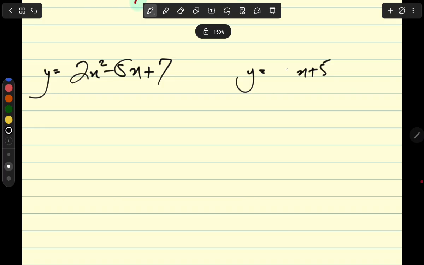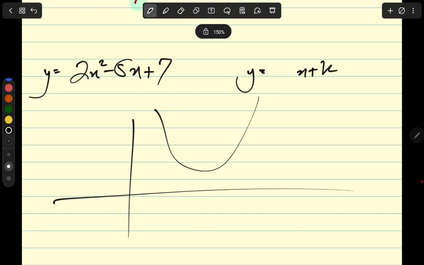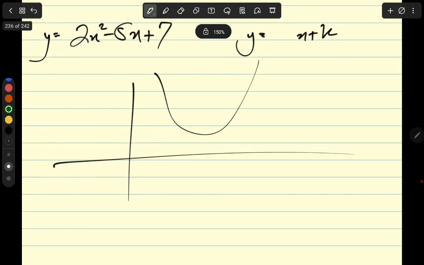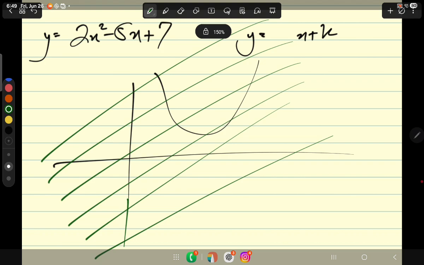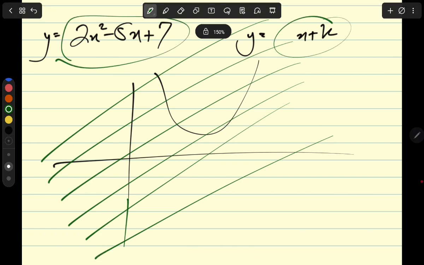Or I will not put k here, I will write x plus k, let's say, in order to explain it better. Let's say your parabola is like this, and your straight line has a gradient of 1, so it can go like this, like this, like this, or like this.